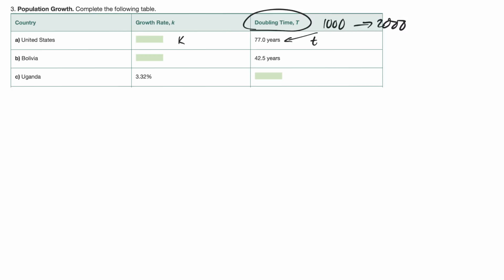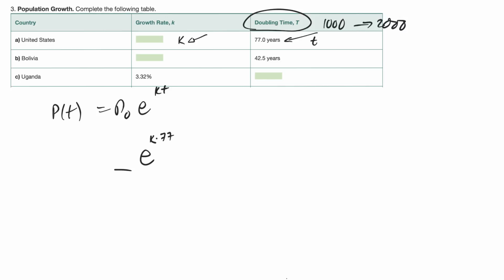So they say in 77 years a population will double. So they're looking at what that growth rate constant is. So if we look at our formula, P of t equals P0 e to the kt, I have e, k is what I'm looking for, and t is 77, so times 77.